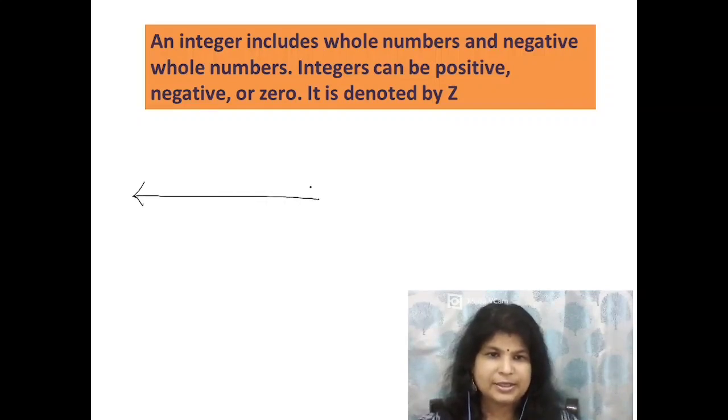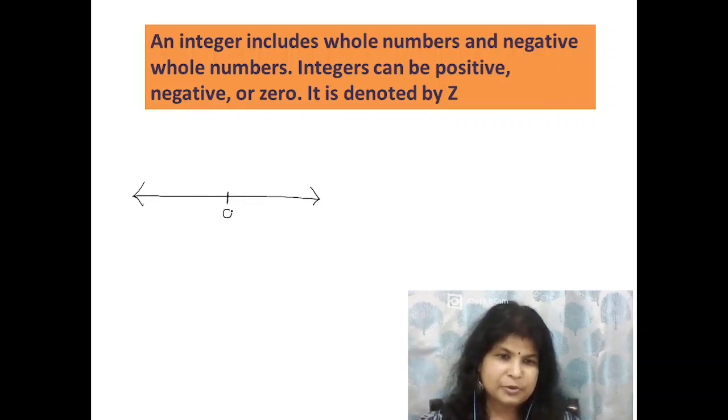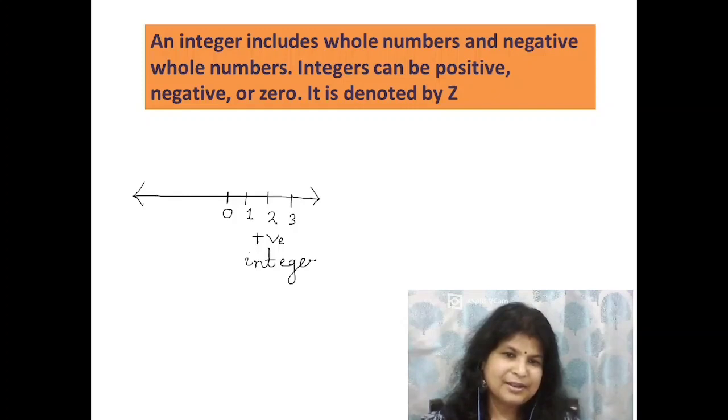So your integers will look like this. Somewhere here suppose it is 0 and here 1, 2 and 3. So here comes your positive integers. Okay.